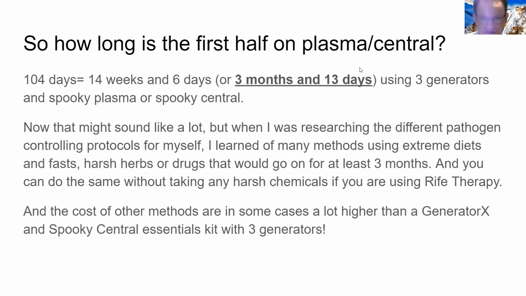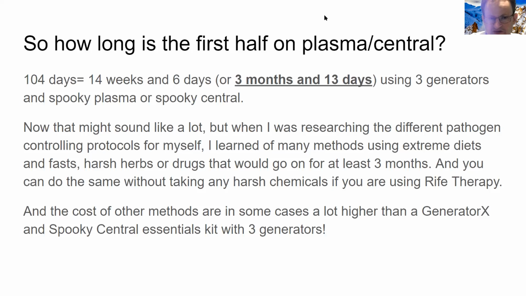So the only damage done to your body will be through the die-off of the organisms. And what I found is the cost of the equipment, considering that once you've got it, you've got it, is still a lot cheaper than going through lots of other alternative health protocols out there.